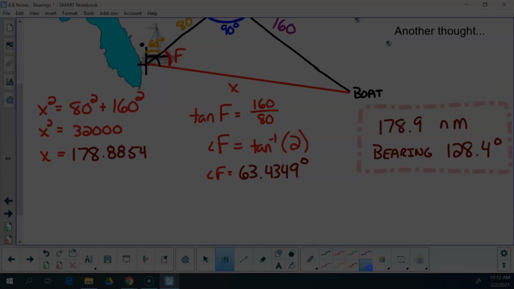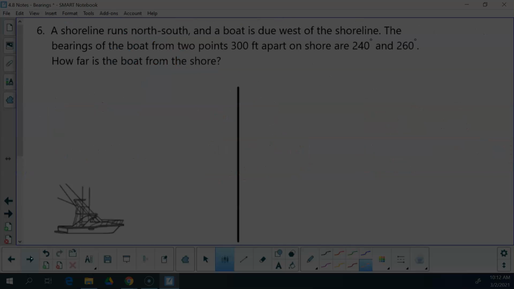All right? I want you to now try this one. A boat is due west of the shoreline, which runs north and south.